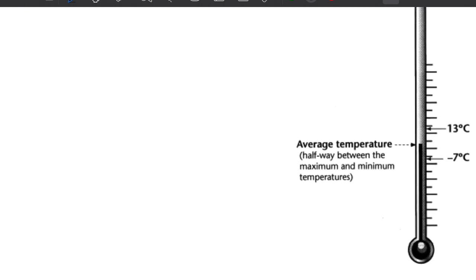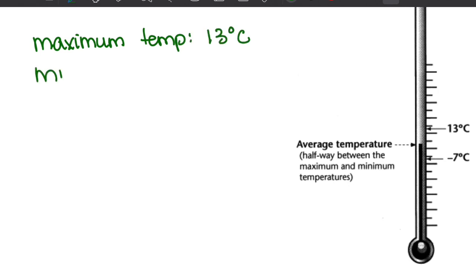So let's first write what we know. What is the maximum temperature? In this case, that would be 13 degrees Celsius. What is the minimum temperature? That is -7 degrees Celsius.